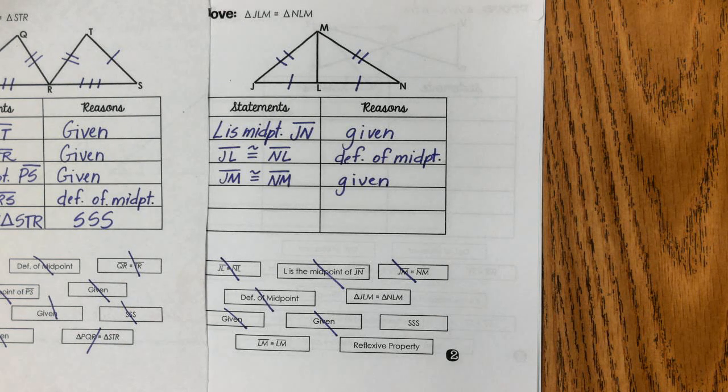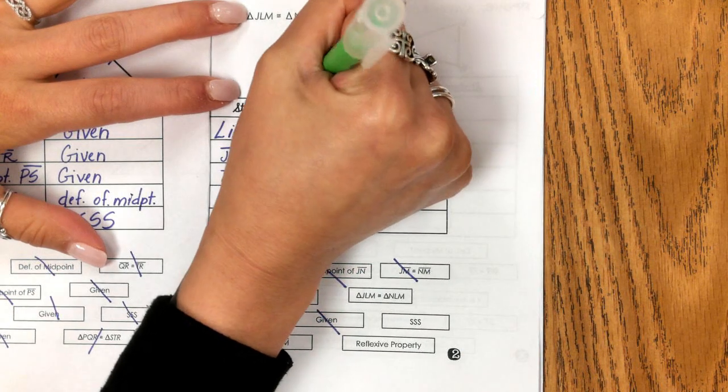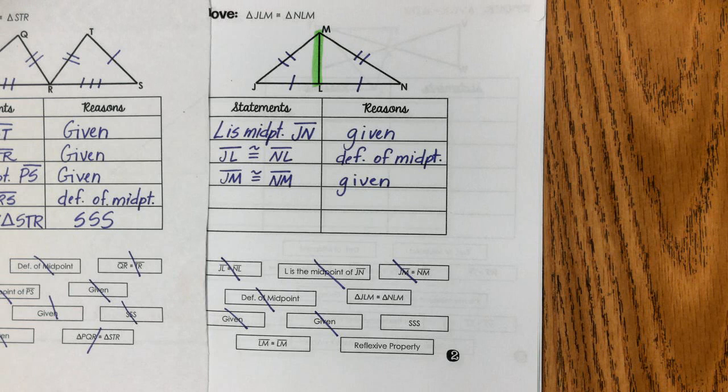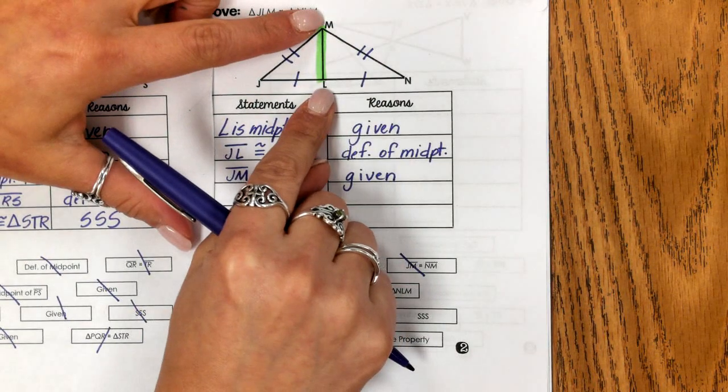Alright, yesterday we talked about reflexive. What does that mean, reflexive? When I was saying reflexive. Very good. It's the same side. This line right here would be an example of reflexive property because it's sharing a side. So we could say that line LM is congruent to line LM.